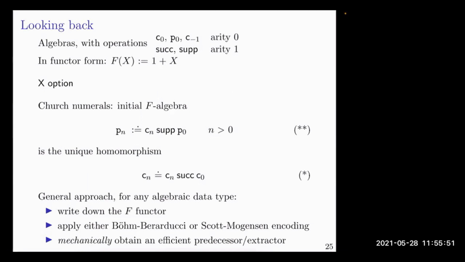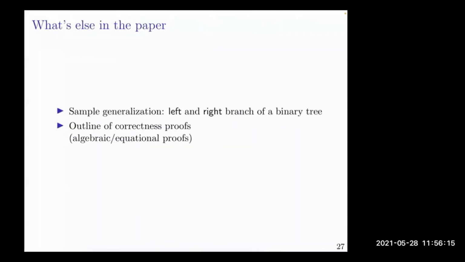And in the paper, I do this for trees with some values in the leaves. And you can do it for any data types you want. Specific approaches which are specific to Church numerals don't generalize that well, but on the other hand, they are nice.